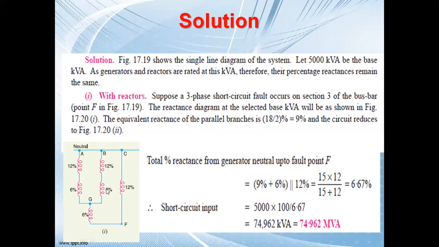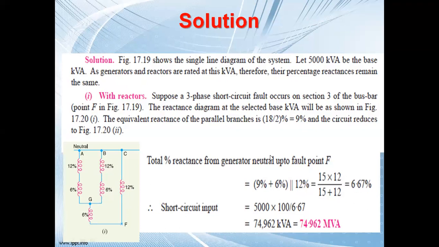These two are in series, and these two are also in series. Now these two combinations are in parallel. So this is 12 plus 6, that means 18. So 18% and 18%, the equivalent will be 9%. Then 9% plus 6% will be 15%. So 15% and 12% are in parallel.